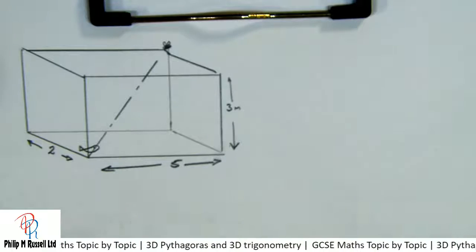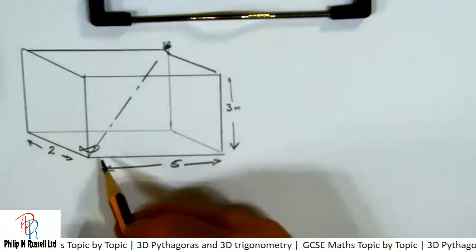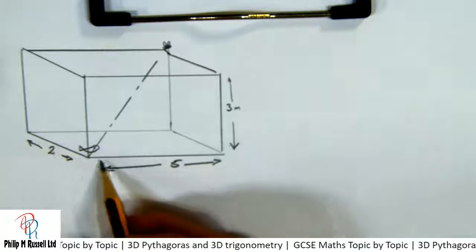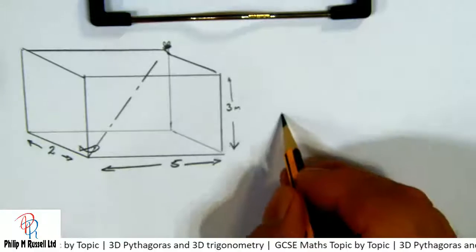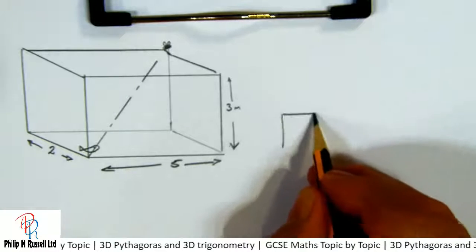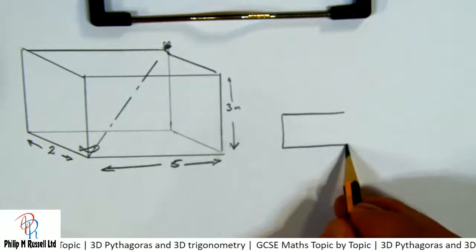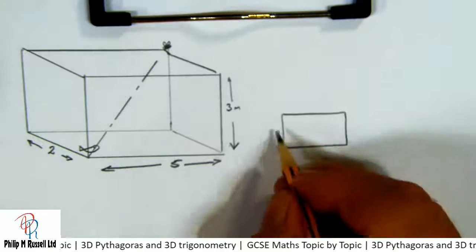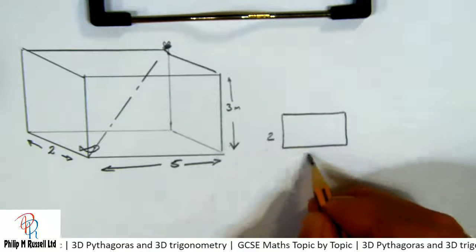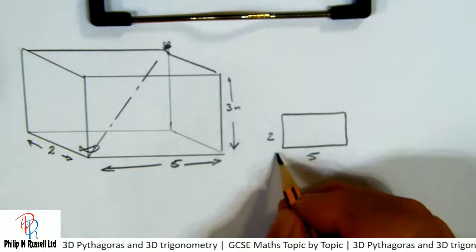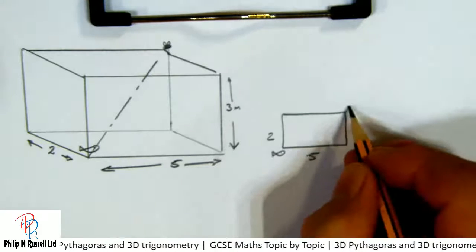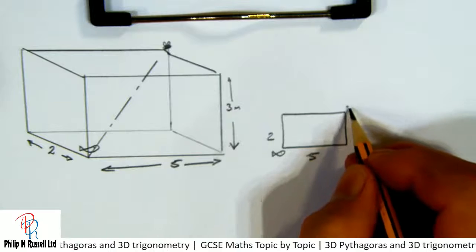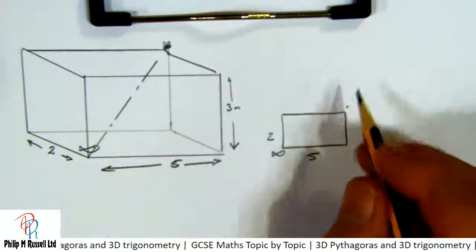It needs some help. What we've got, if we look here, we've got a rectangle at the bottom, and this rectangle, if I draw it out freehand here, is going to be 2 meters by 5 meters, and we've got the fish over this side and we've got the fly over this side, but it's vertically up here.